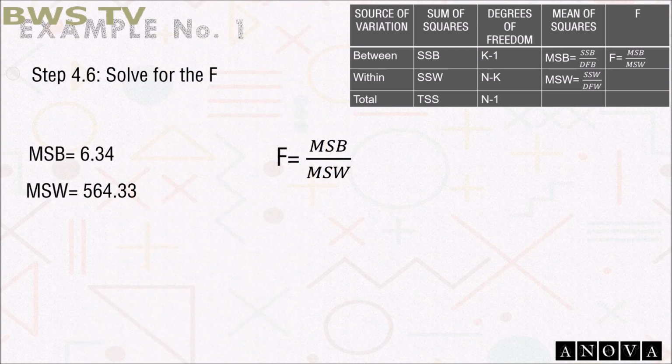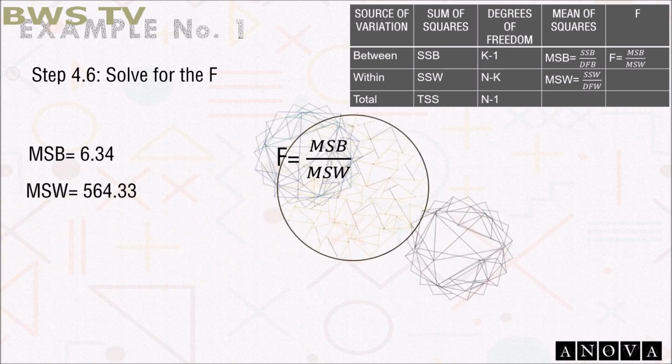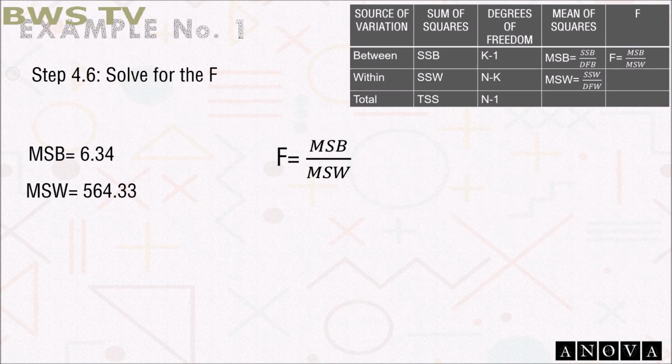For the last part, we have to solve for the F. So F just requires the answers of MSB and MSW. So we have F is equal to MSB over MSW. When you substitute it, F equals 6.34 over 564.33.